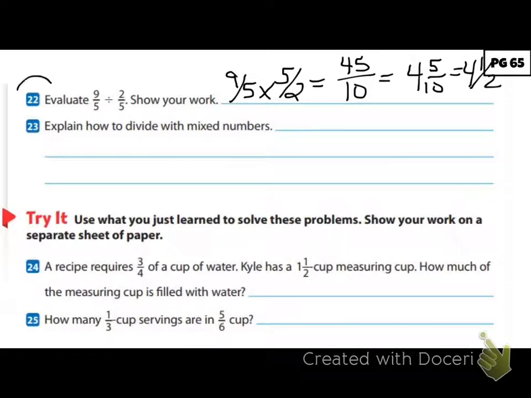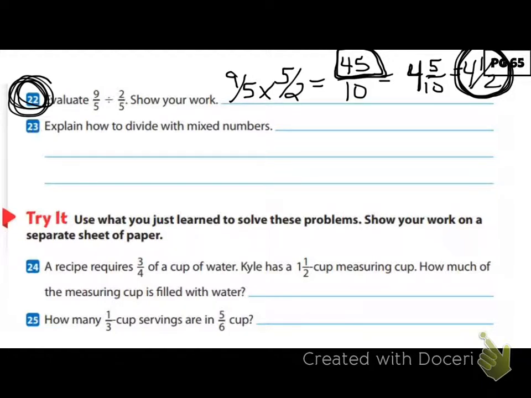Okay, and if you need help with this, we'll go over a few more like this eventually, but it can be complicated, but you can get 4, which is 40, out of this. So there's your 4 wholes. Then you have 5 left over, and that's over your denominator, which is 10, and the 5/10 can break down to 1/2, which is how you end up getting 4 1/2 right there.